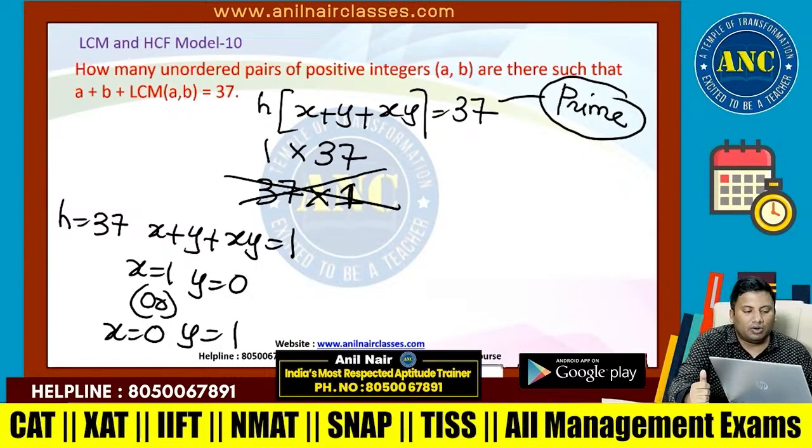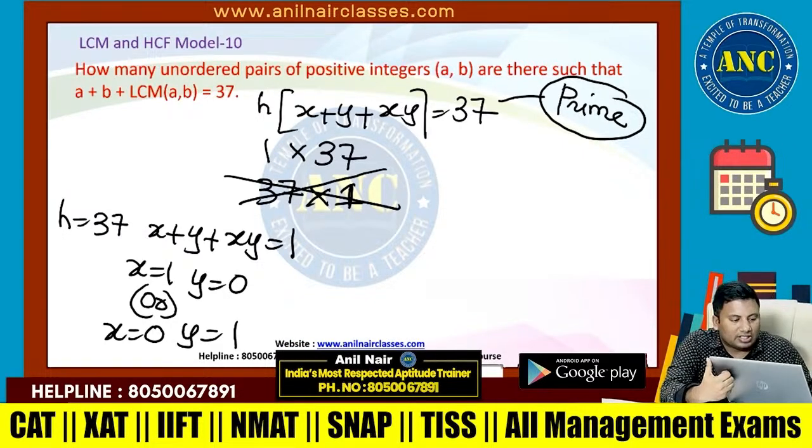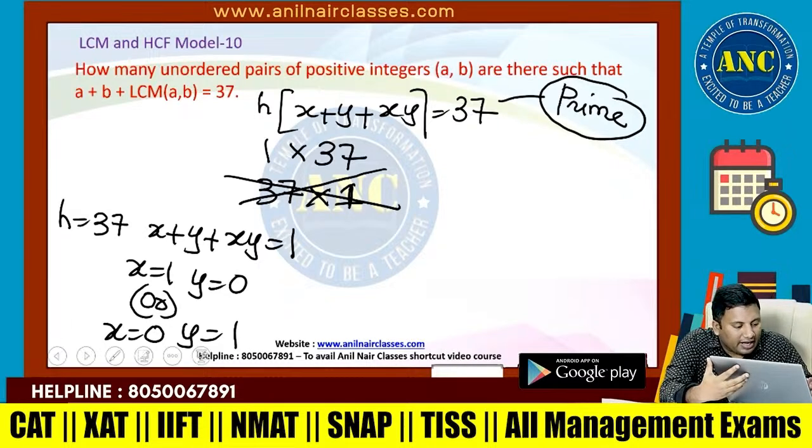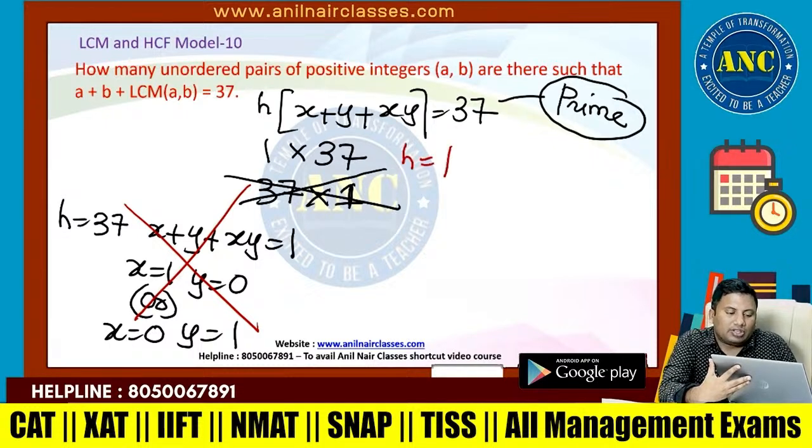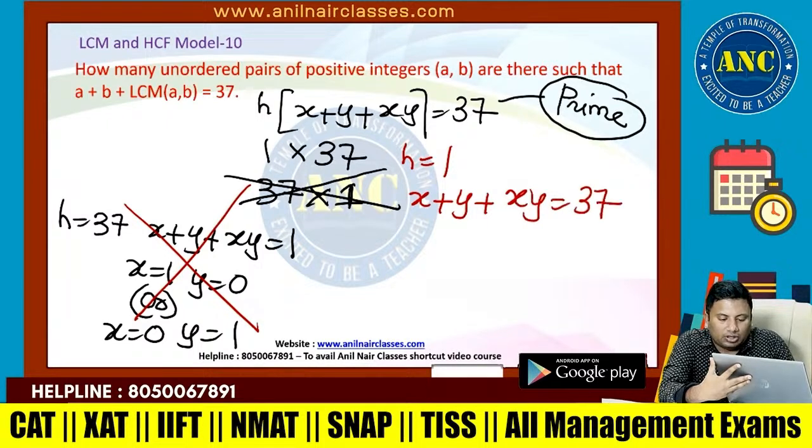This case is not possible. The second case is eliminated. First case, H is 1, X plus Y plus XY equivalent to 37.